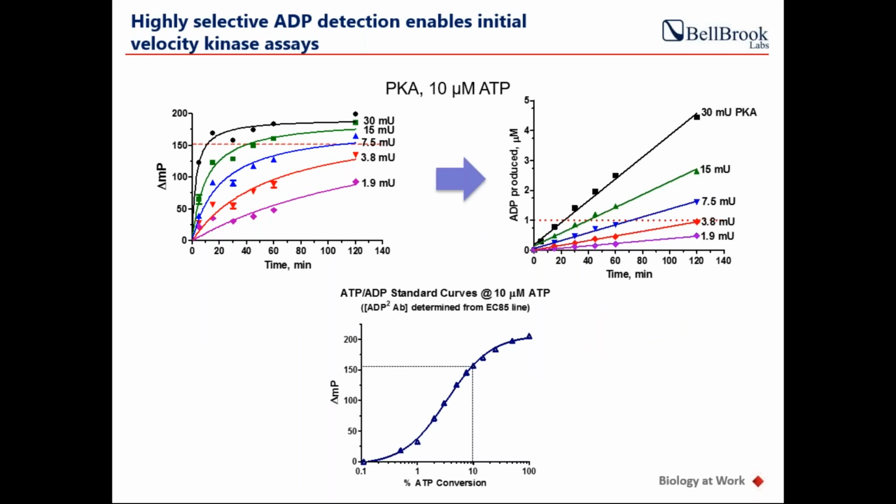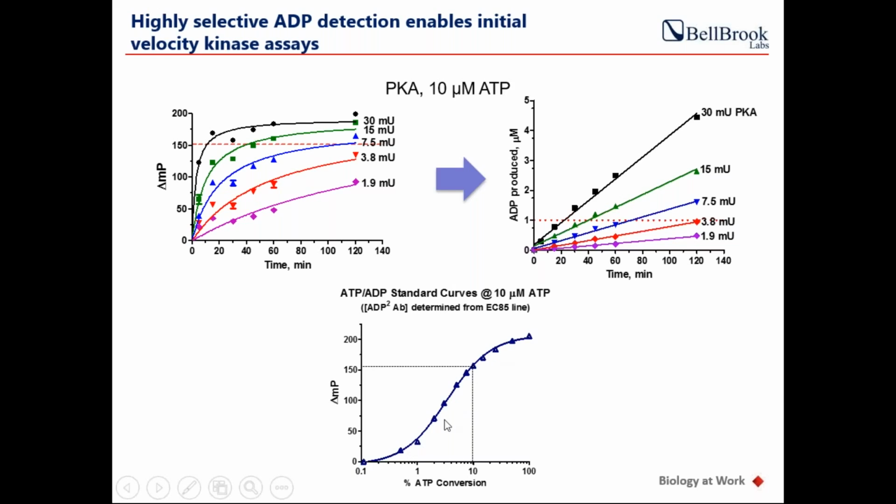enzyme activity. So here we're looking at protein kinase A, and we're doing enzyme titrations here. And then what we do is we convert the polarization values to ADP production using a standard curve.